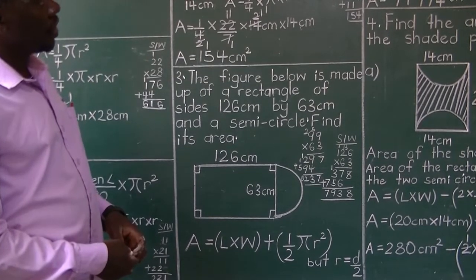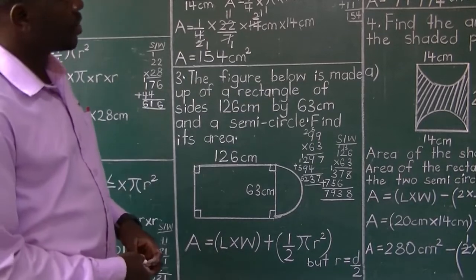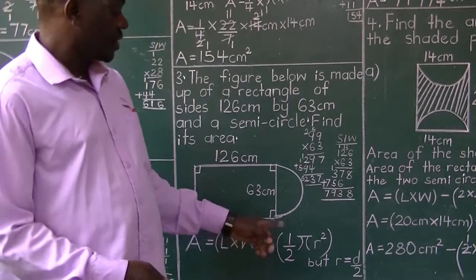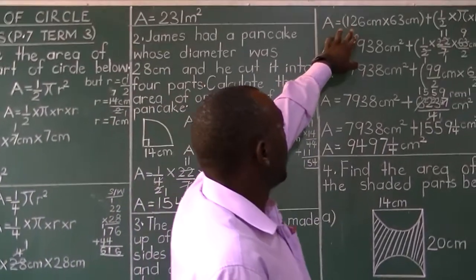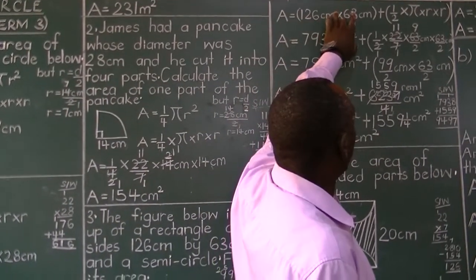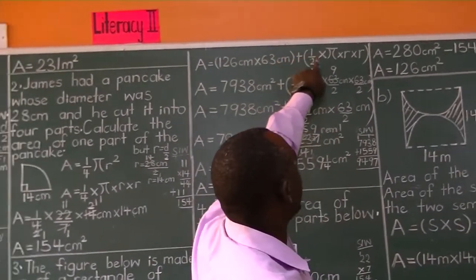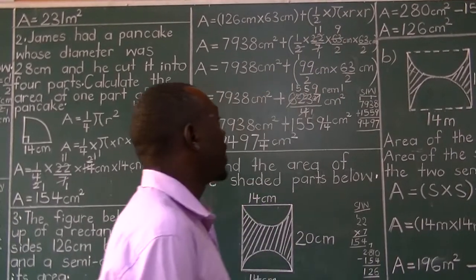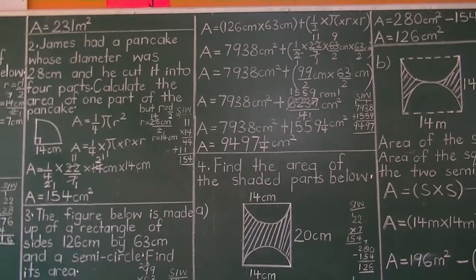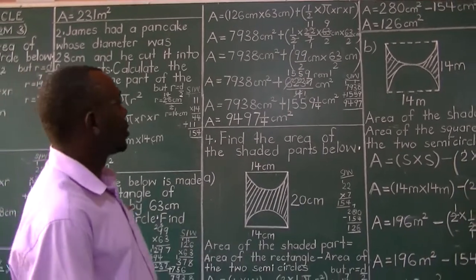So then we continue with the expansion. That's length and width plus a half times pi times r times r. So the length is 126 centimeters, the width is 63 centimeters. You multiply there plus the expansion of a half times pi times r times r. Remember, r stands for radius, whereas 63 here is the diameter.